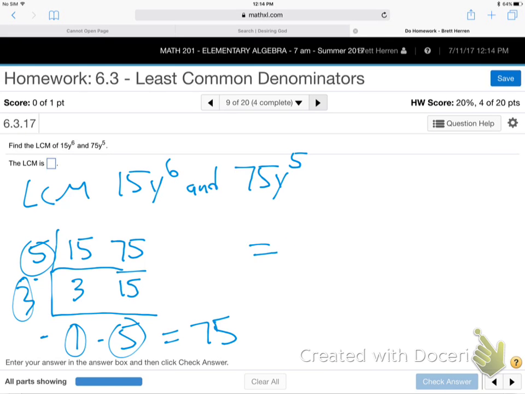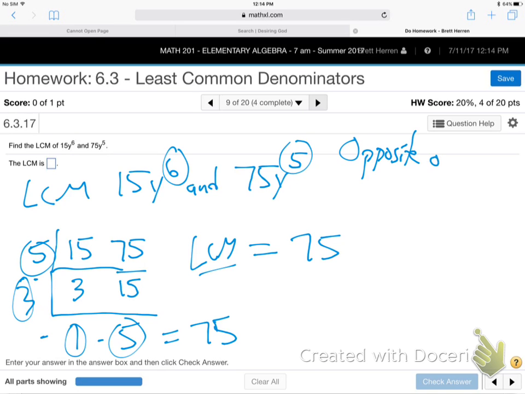All right, so 75 is the number part of the LCM, but what's the letter part? We have y to the 6th and y to the 5th. What do we do? Well, remember, this is the opposite of GCF. For GCF, we always take the lowest power.